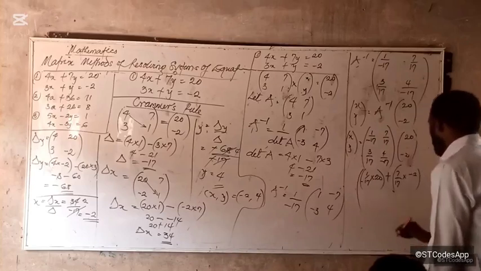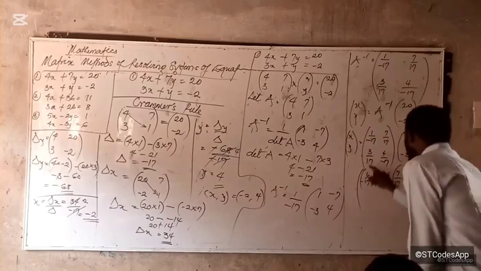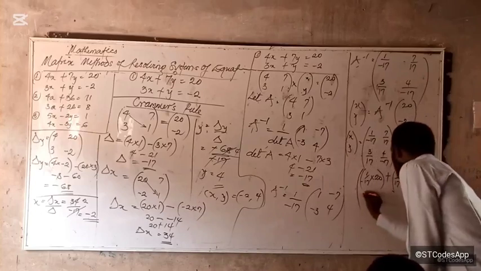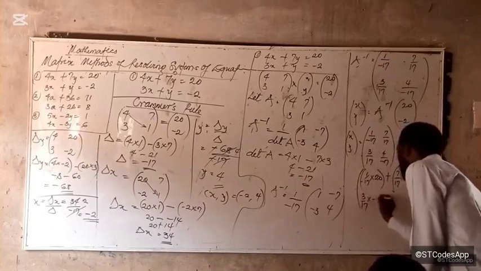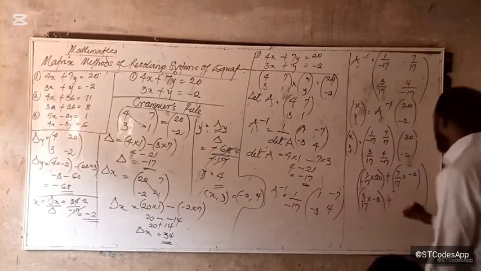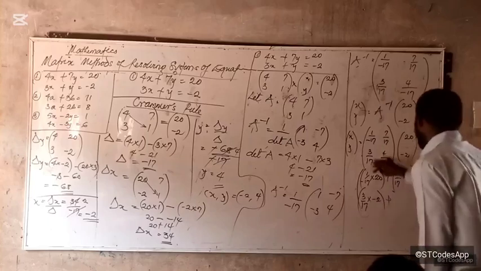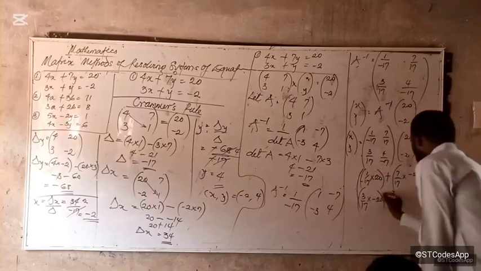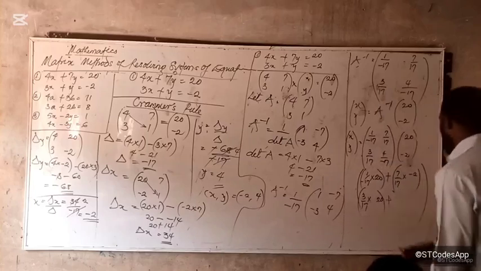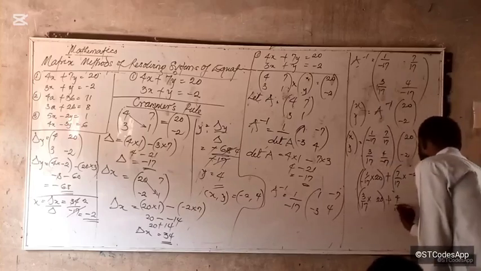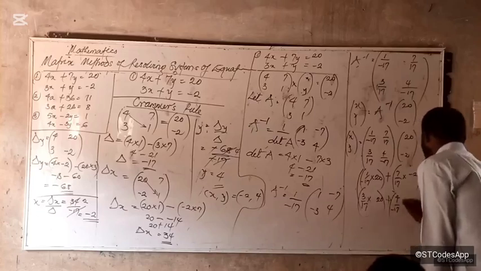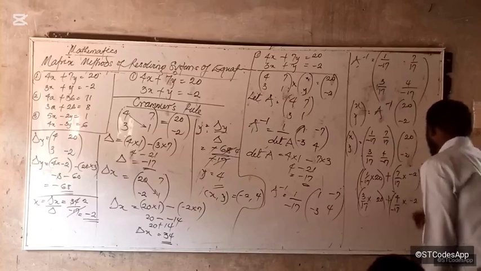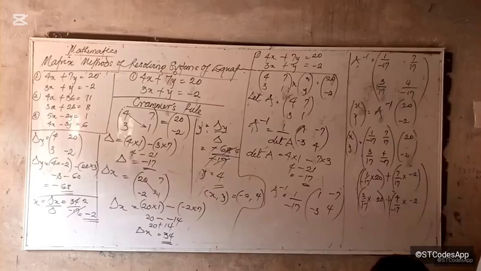Then below here we'll have this guy times this guy, that is 3 over 17 times 20, plus 4 over minus 17 times minus 2. Good.